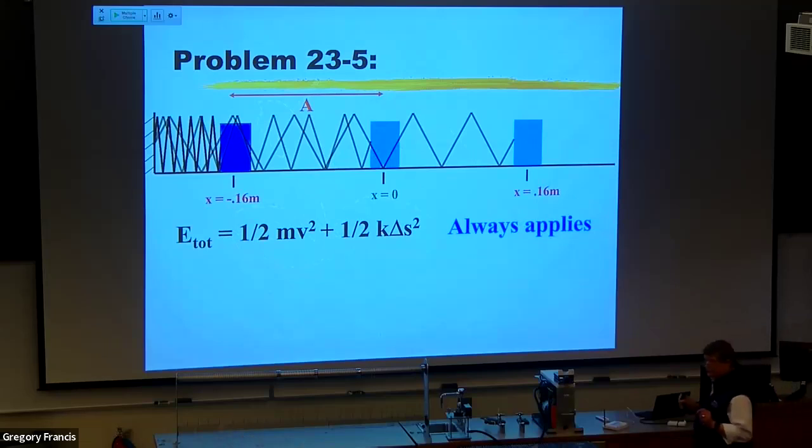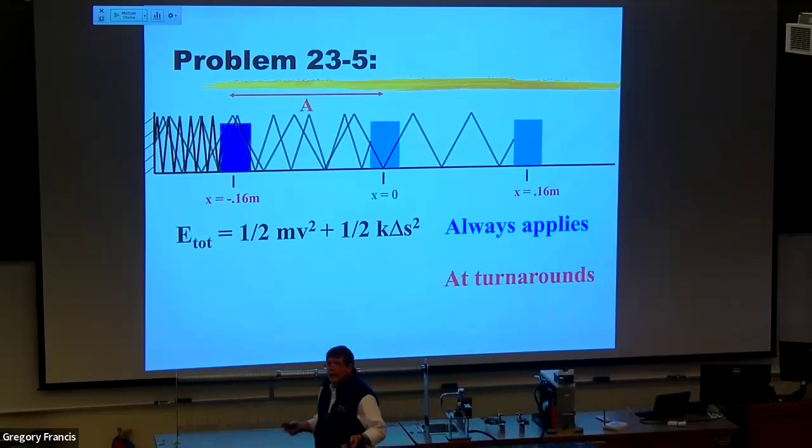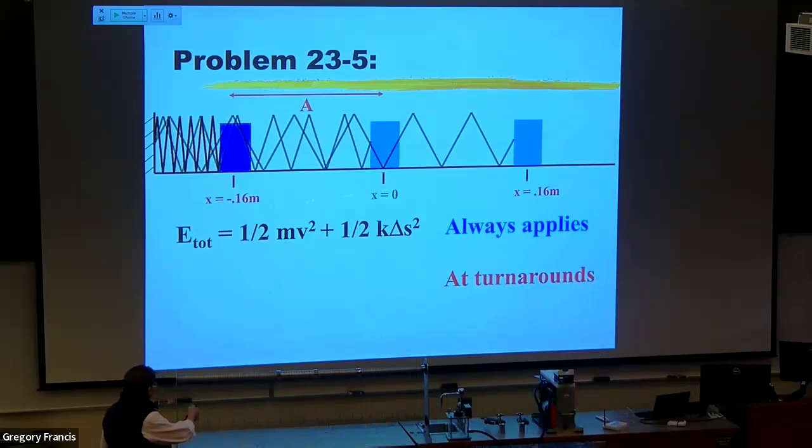But there are some special cases. At the turnaround points, you have to stop to turn around. And so in that case, the velocity is going to be 0, and this term will go away. Also, when you're at a turnaround point, this value of delta S, remember, what is delta S?